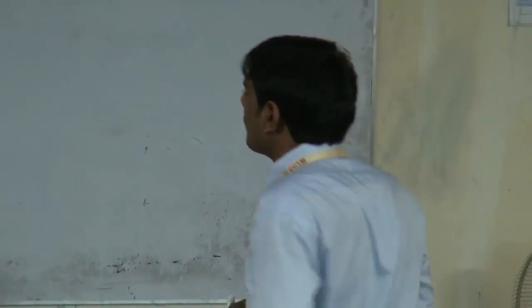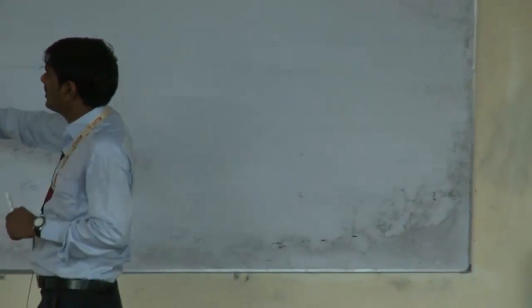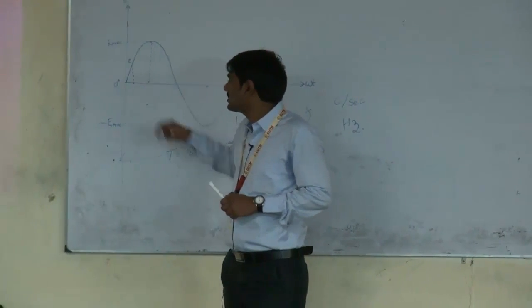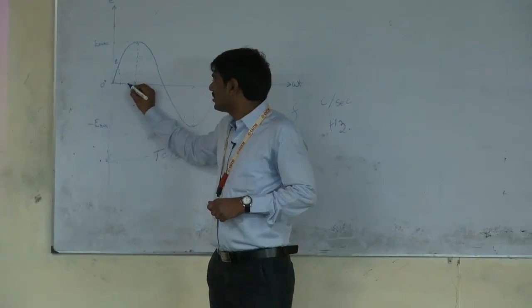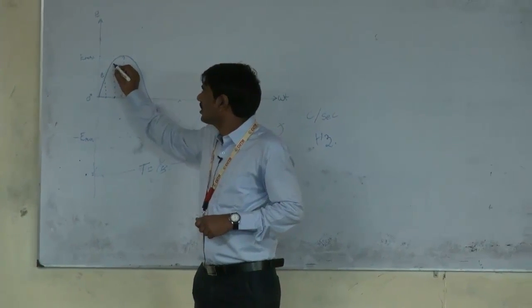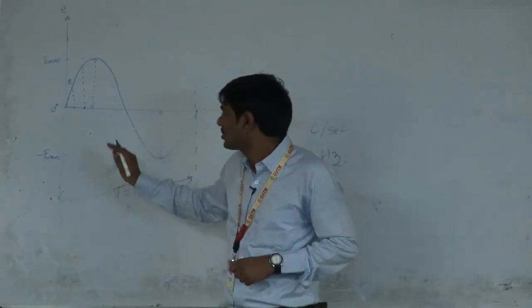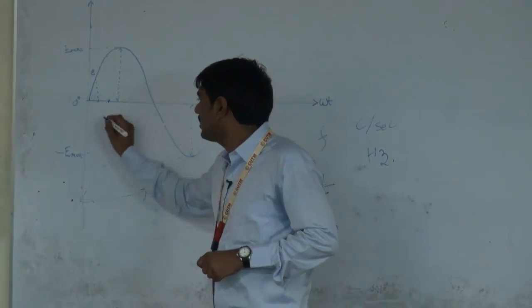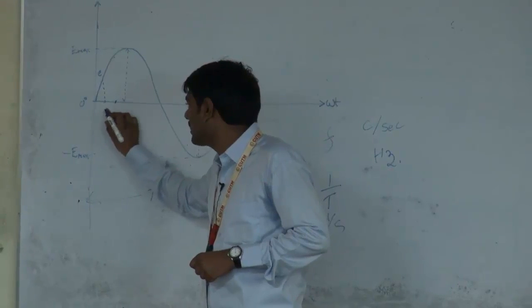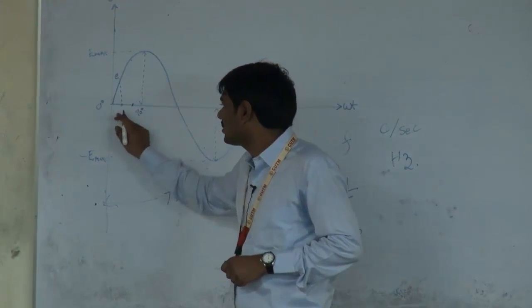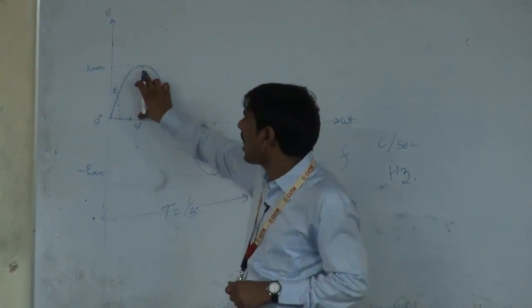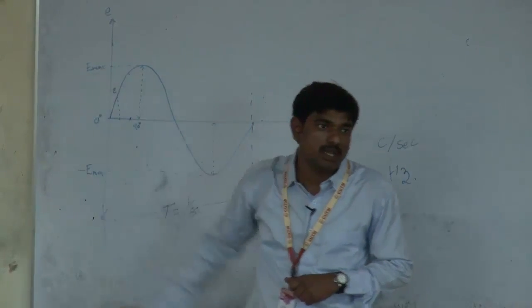In the same way, here the reference is 0. The value of the alternating quantity at any instant is nothing but phase. Let me take the phase of 90 degrees. At the phase of 90 degrees, the value of the alternating quantity is Emax.